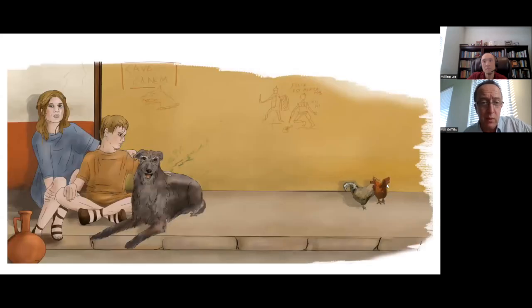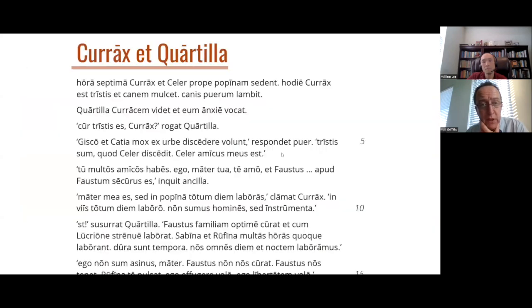We see him as often very attached to the dog, and when it looks like that dog is going to leave with his owners Gisco and so on, he feels really upset that he's losing someone he loves.